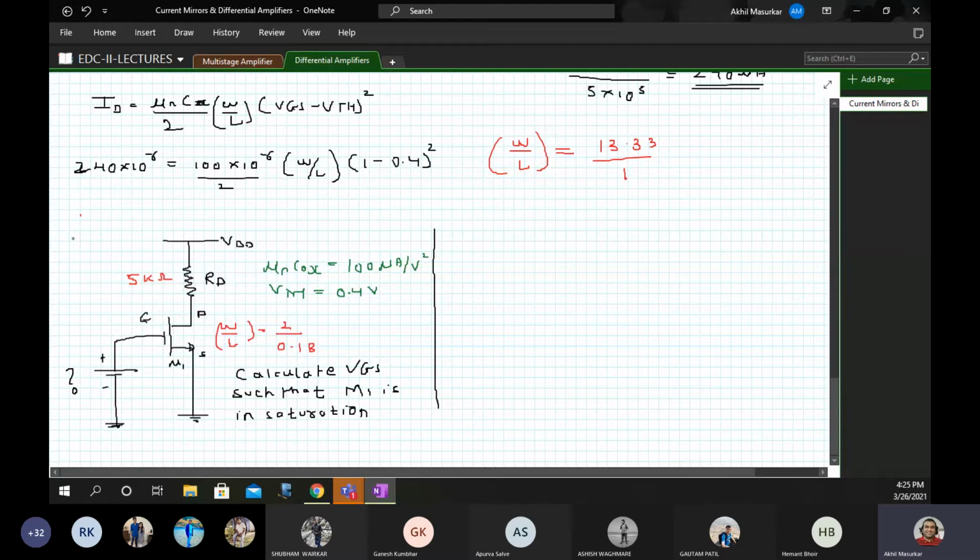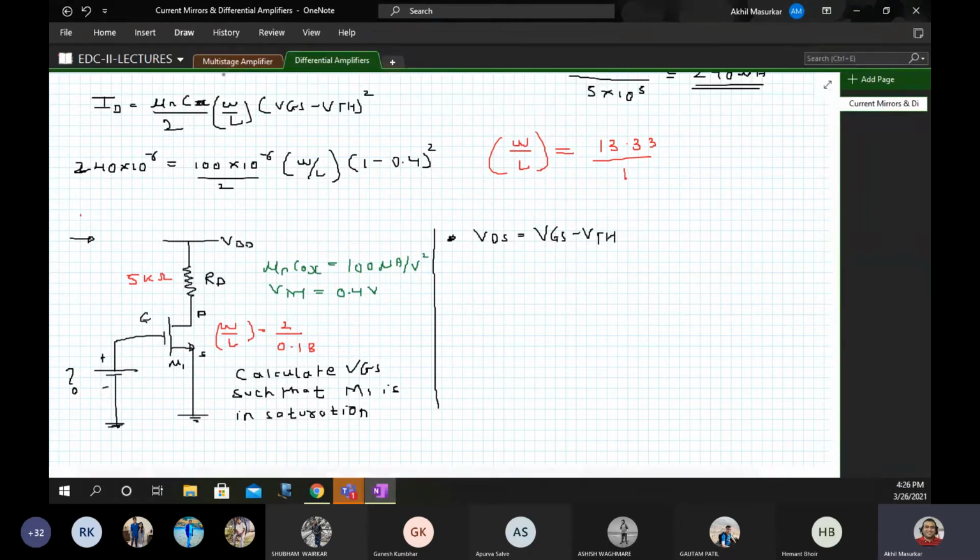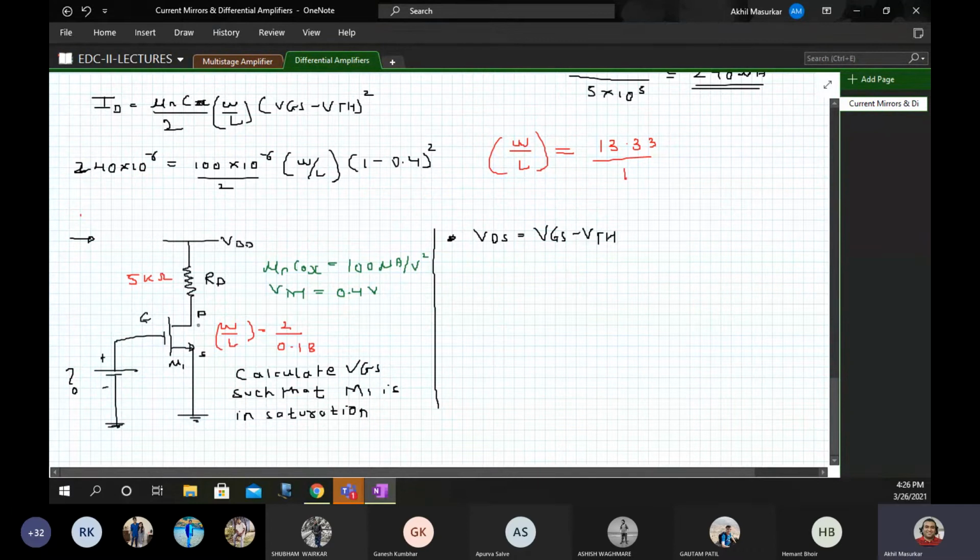Again, like I said, the condition for saturation would be VDS equal to VGS minus VTH. But by common sense and some keen observation, you can see here that VDD minus IDRD minus VDS equal to 0.